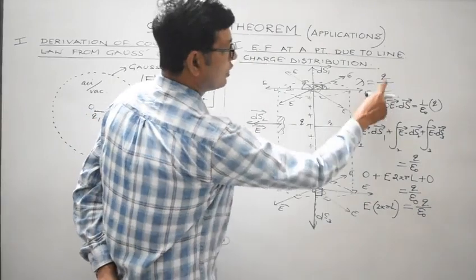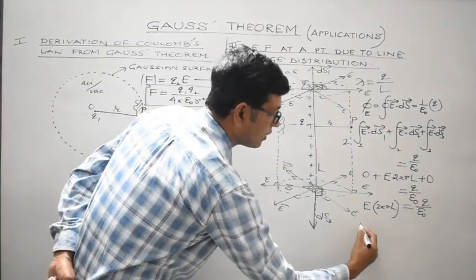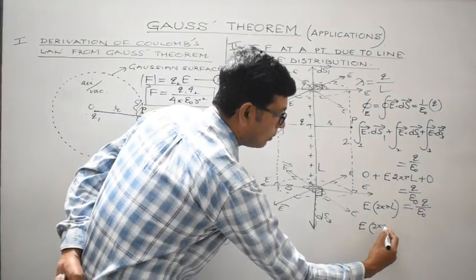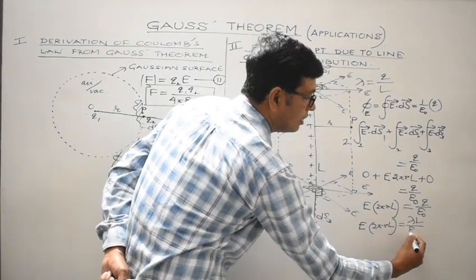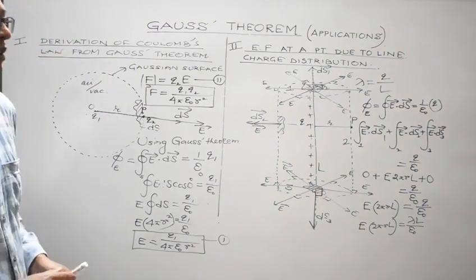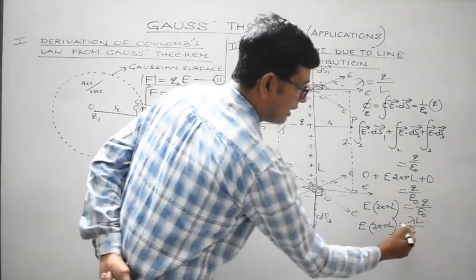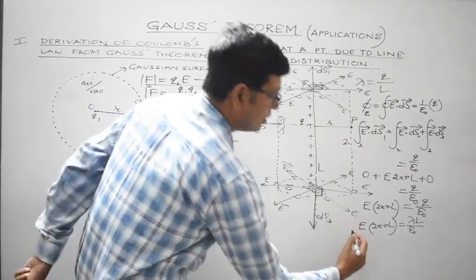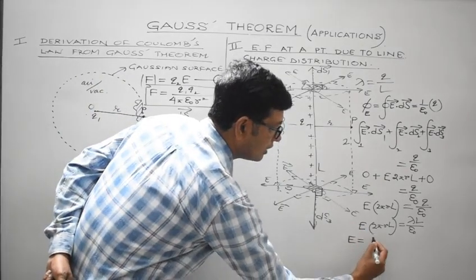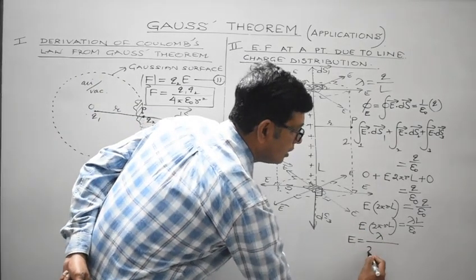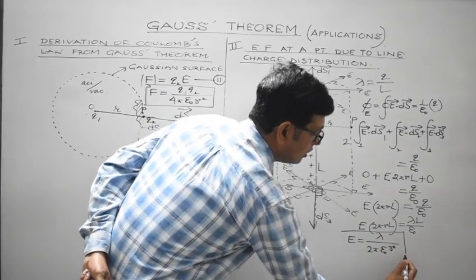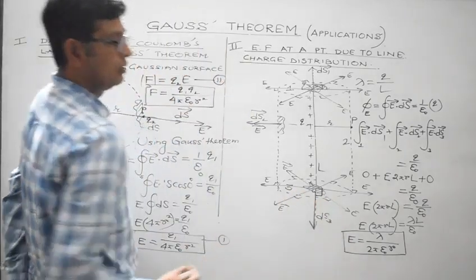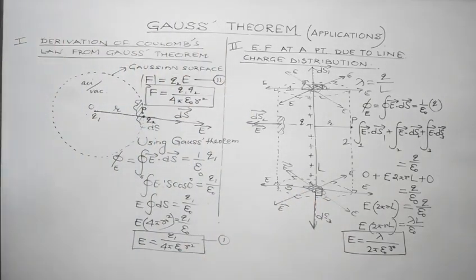If you substitute the value of Q as lambda L, what you get is E into 2 pi RL is equal to lambda L divided by epsilon naught. So L will get cancelled. We will be left with electric field is equal to lambda divided by 2 pi epsilon naught R. This is the formula for the electric field at a point due to a line charge distribution.